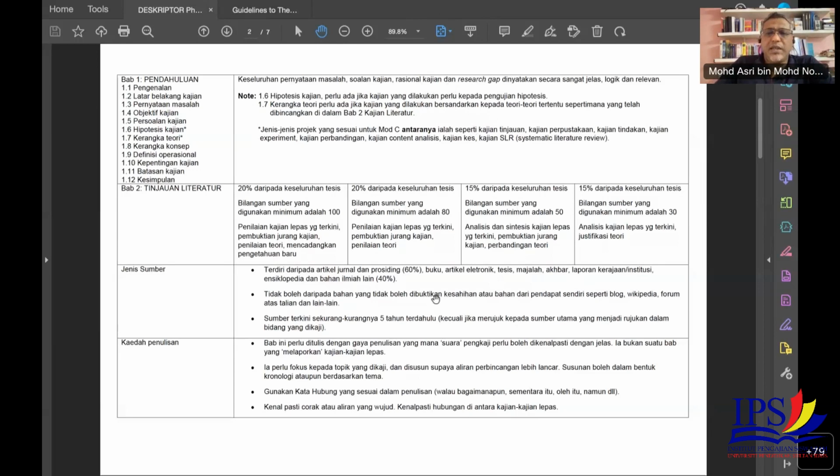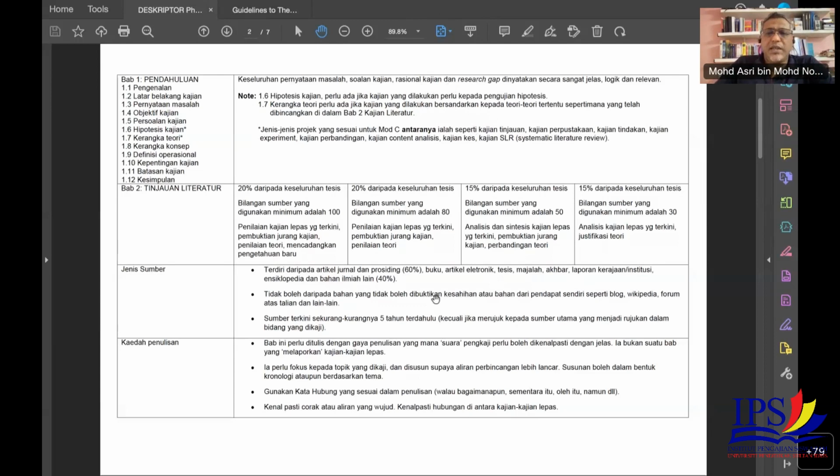So I hope you're clear that a literature review should not be merely reporting of findings of past research. For MOHD students doing a project paper, we are not expecting too much, because remember, it's less than 20,000 words.